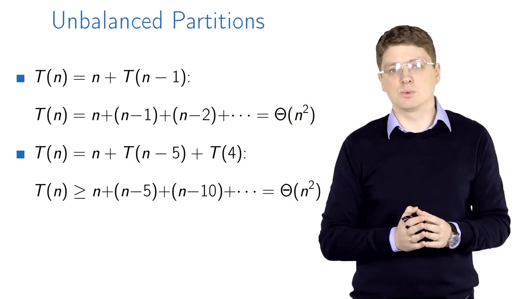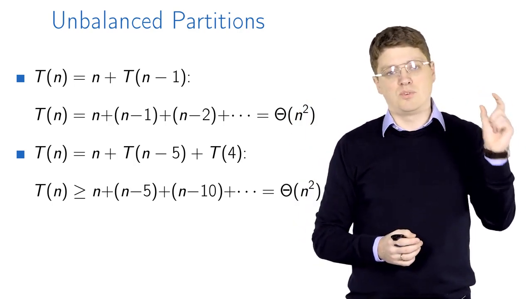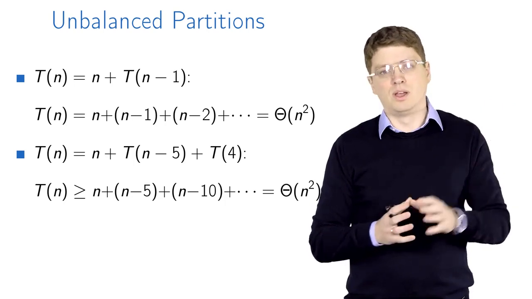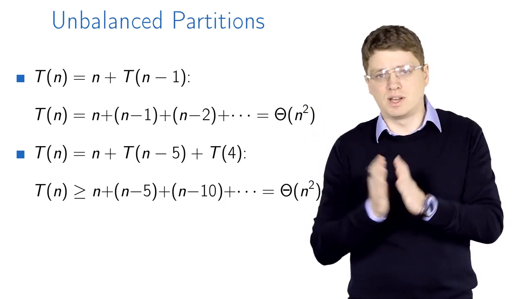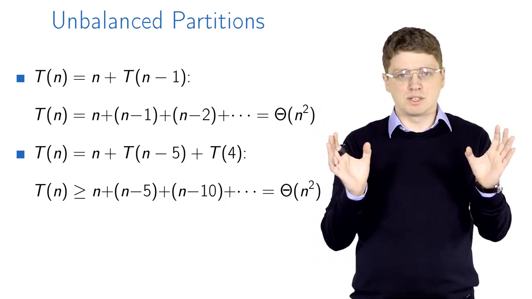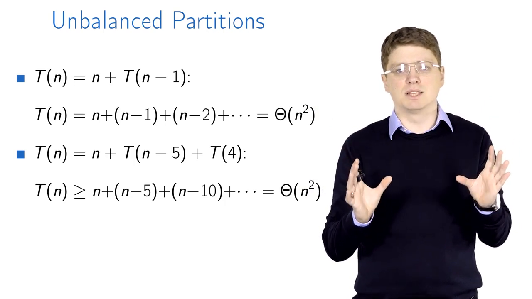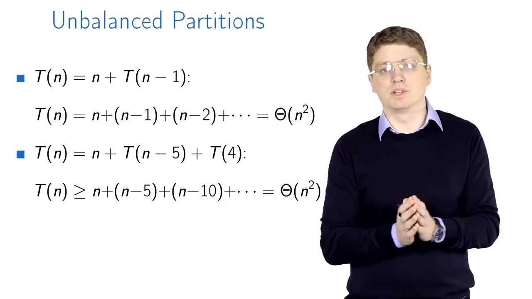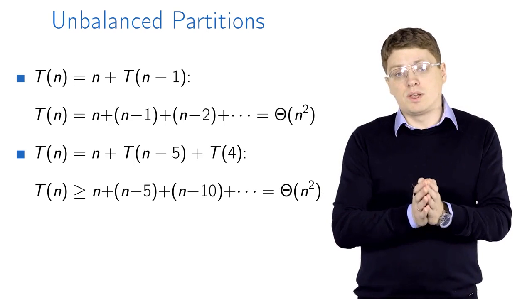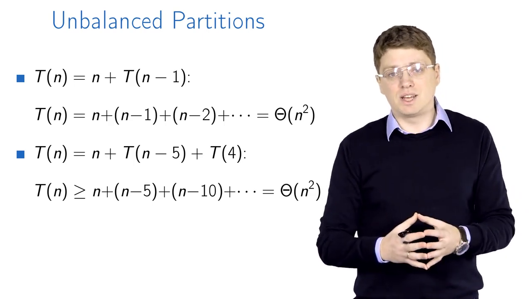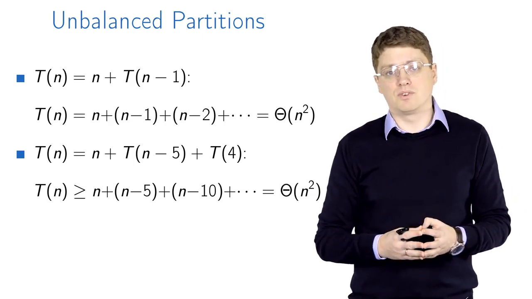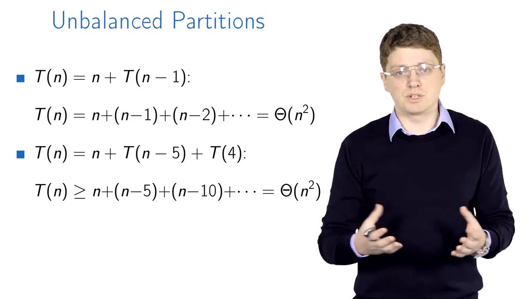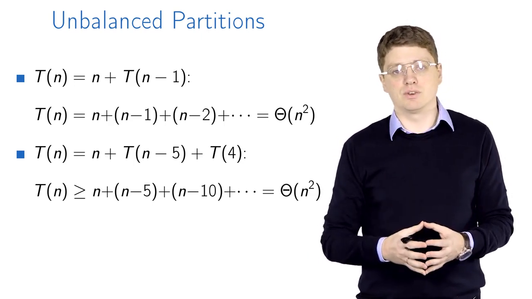In the second case, we have two parts, one of size 4 and one of size n minus 5. So the sizes of parts are very unbalanced. They are very different. Okay, so I claim that in this case, the running time is also going to be quadratic. And this can also be shown just by unwinding this recurrence relation.